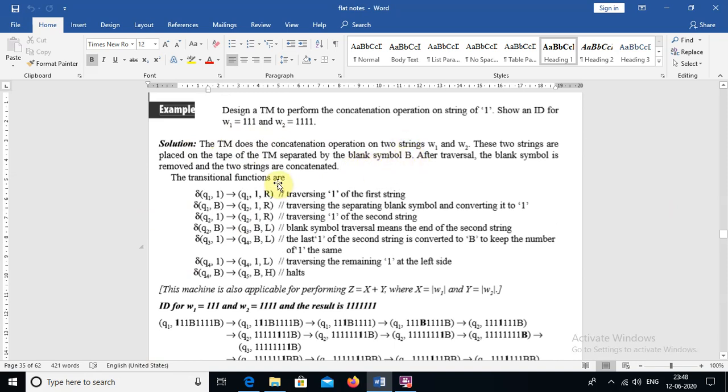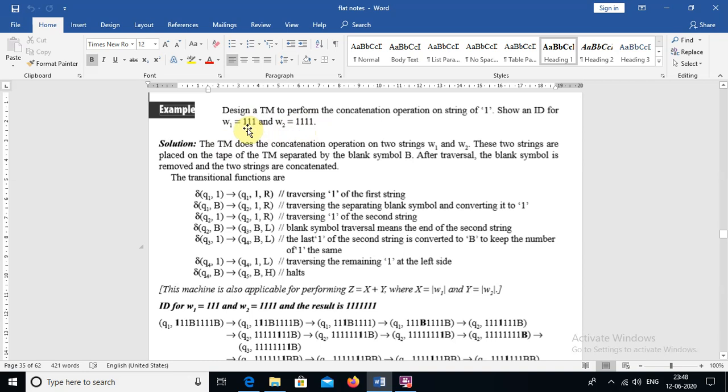So first you start at the first 1 of the string and move right, and whenever you find a blank in between w1 and w2, that can be replaced with a 1 and move right, and if you find the last one, that means the first blank and the last one of w2, then you can replace that one with the blank. So then we can perform the concatenation operation of these two.